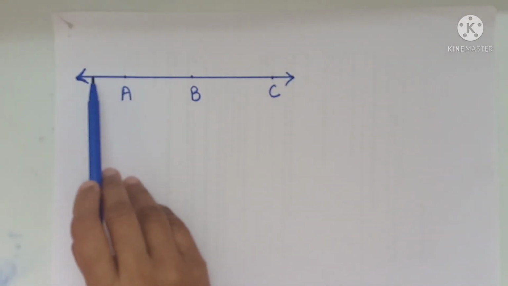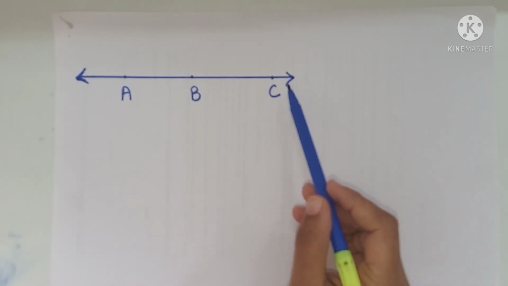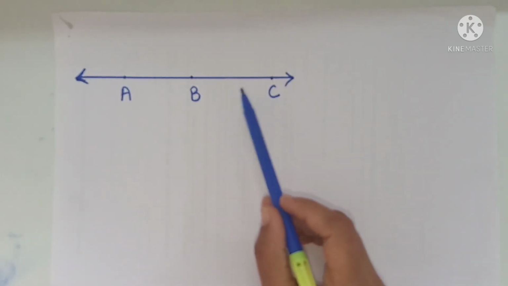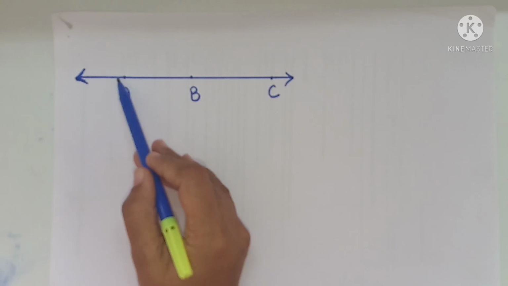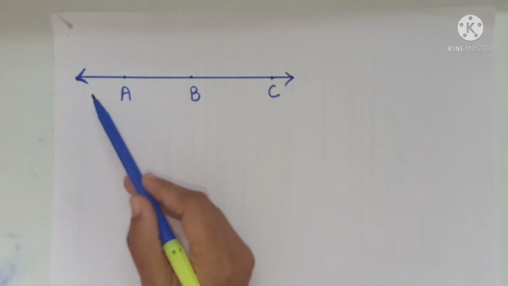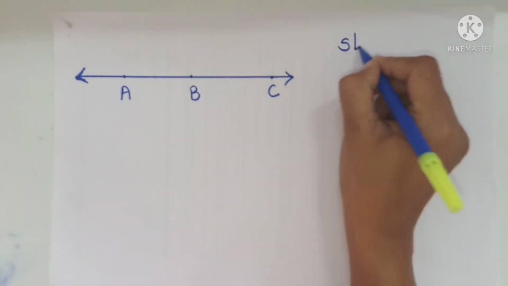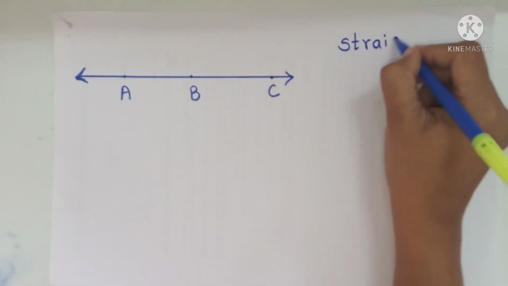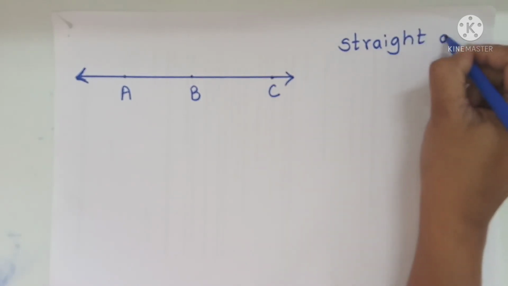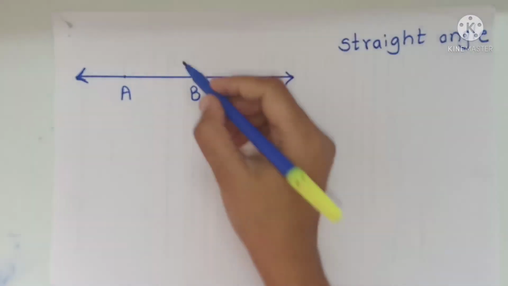I have drawn line AC here. Angle is formed on this line. Which angle is formed on this line? Correct. A straight angle is formed here.